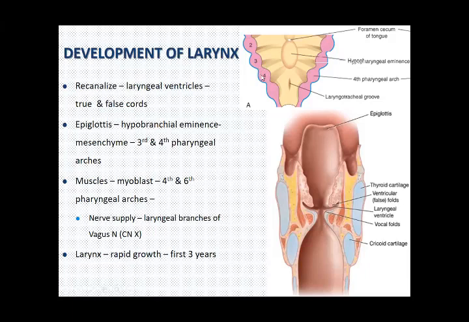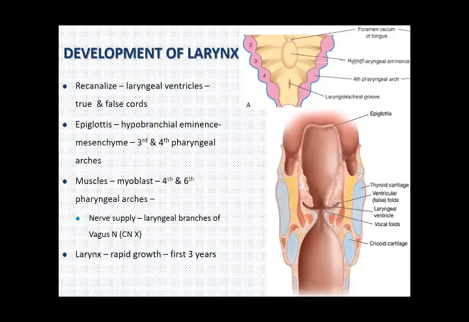So fourth and sixth arch की जो cranial nerve है, that is vagus nerve. Fourth arch को superior laryngeal करती है, in fact superior laryngeal की भी internal laryngeal branch करती है, और sixth arch को recurrent laryngeal करती है. So the muscles of the larynx are supplied by laryngeal branches of the vagus nerve.